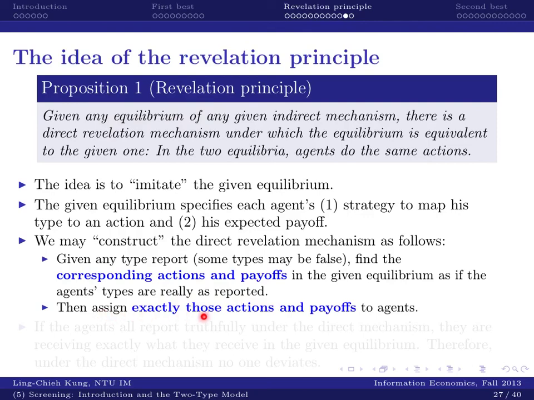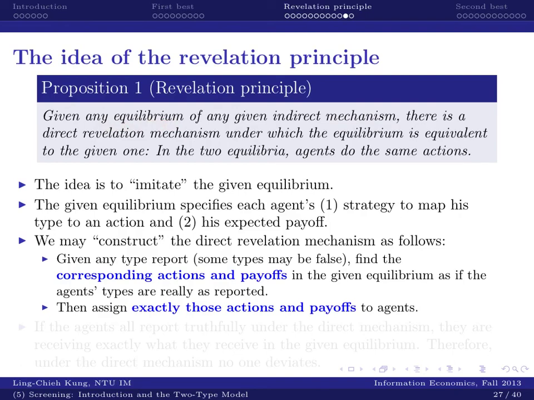And then I assign exactly those actions and payoffs to agents. So what does that mean? I know the original indirect mechanism eventually results in an equilibrium.